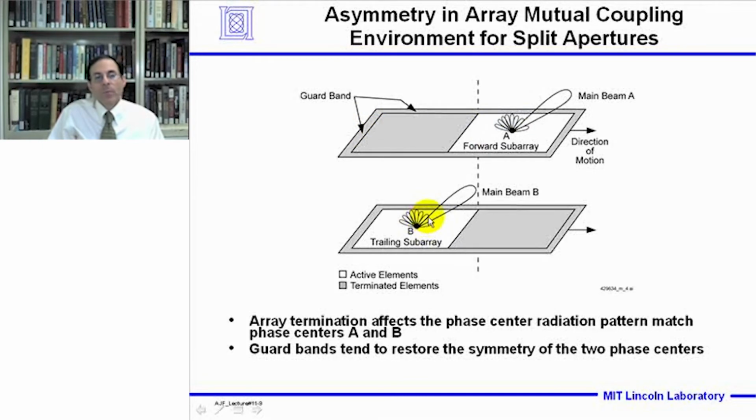If we form a beam from phase center B, then there are a large number of terminated elements on the right. So the array termination affects the phase center radiation patterns and the match between the patterns of phase centers A and B. And typically we would use guard bands surrounding the subarrays to restore symmetry of the two phase centers.